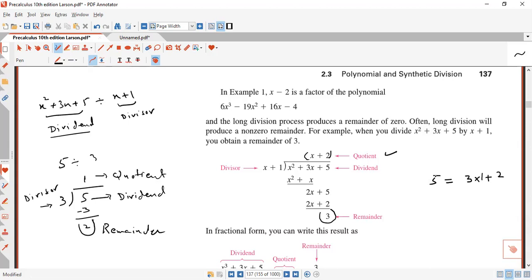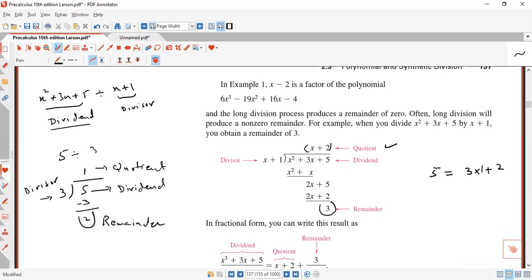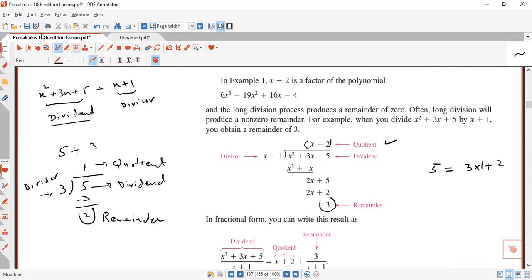Is it clear? Is there any problem? Okay, you already know that there is a relation between quotient, dividend, divisor, and remainder.